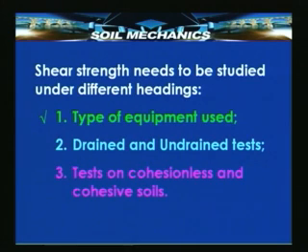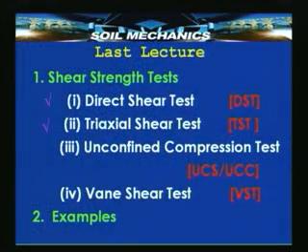Having classified this topic of shear strength into these 3 basic categories, we had started looking at the first category, that is the type of equipment or the type of test that is used for determining shear strength of soils. Under that, if we go to the second slide, we can recapitulate that we have already gone into complete detail of the shear strength test known as the direct shear test, DST.